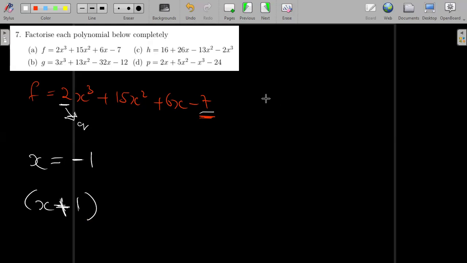So how will I do this? For synthetic division, you have your factor x plus 1. What you always put here is your value, the value of x you're using, which we found to be -1. So you put your -1 there. Then you get the coefficients of these variables, including the constant, and you place them there nicely.